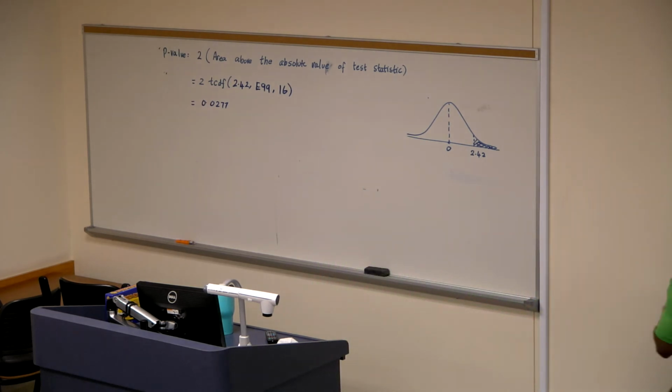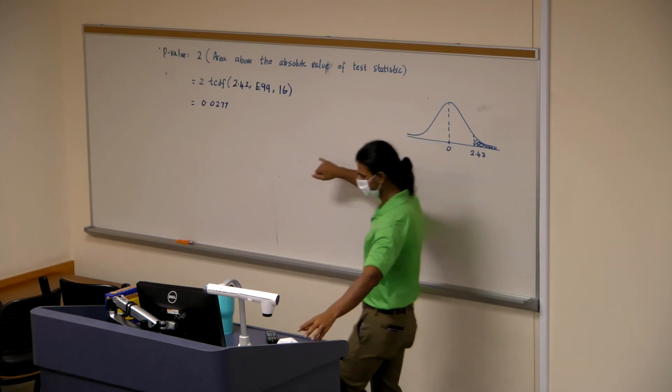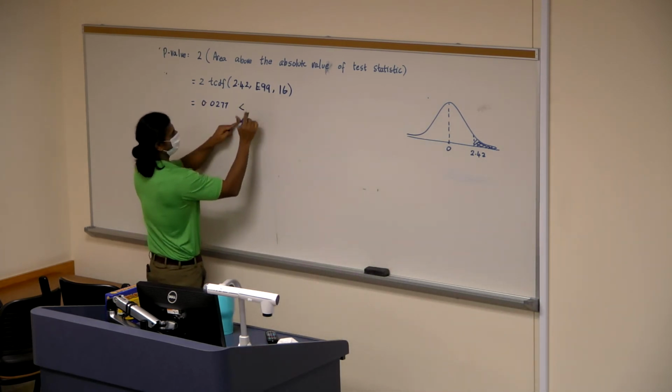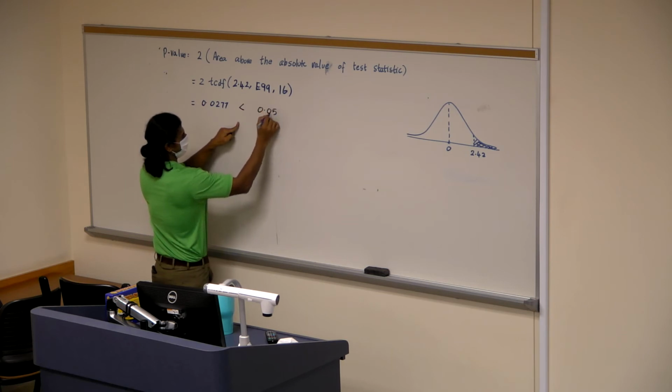Not only that, that 2.77% is less than the value of alpha that we set at the very beginning.